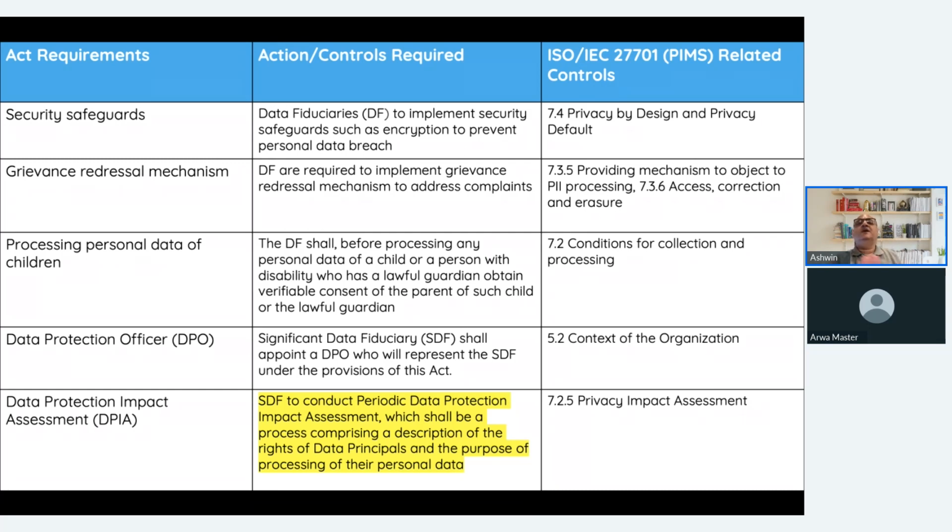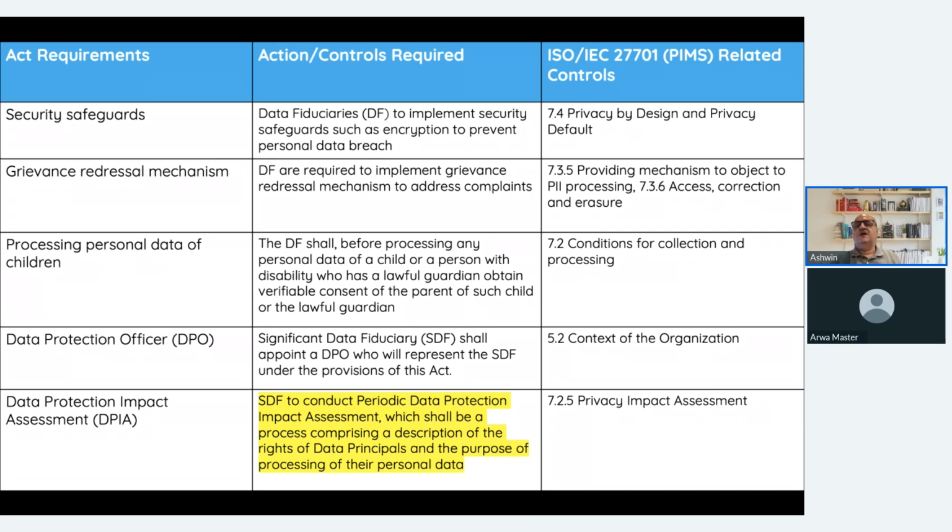You're going to take time to implement all those privacy by design principles. If you don't look at privacy from a design and privacy as a default perspective, you will not be able to comply with this act. Not only this act, any act across the world when it talks about privacy.